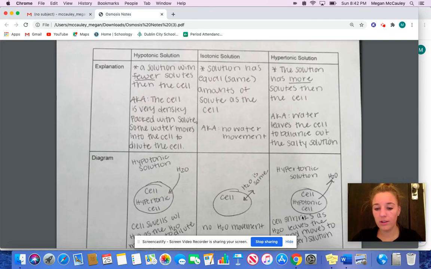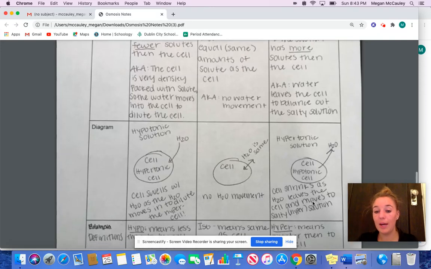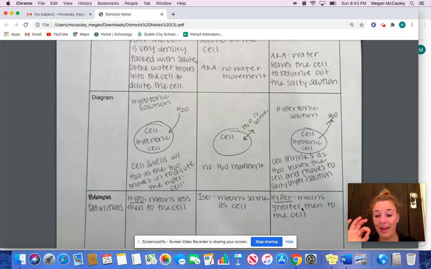So this water from the cell will leave the cell and enter the surrounding solution to try to dilute that saltiness. So if all the water leaves, the cell shrinks. As the water leaves the cell, it moves into the super salty solution. Hyper means greater than the cell.